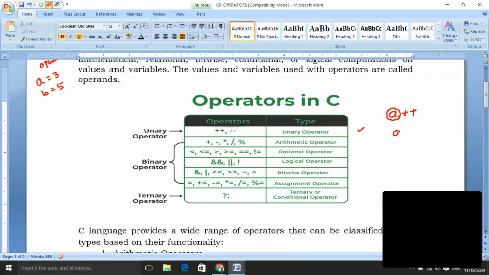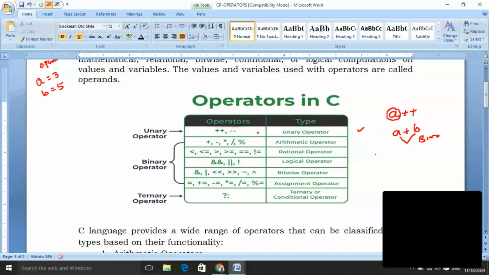Suppose there are two operands, like A plus B, these are known as binary. The plus is a binary operator, and plus plus is a unary operator, as there is a single operand. So two operators, plus plus and minus minus, are the unary operators.